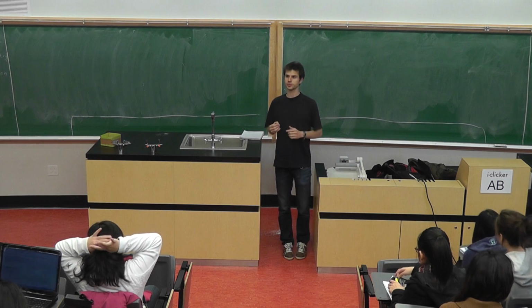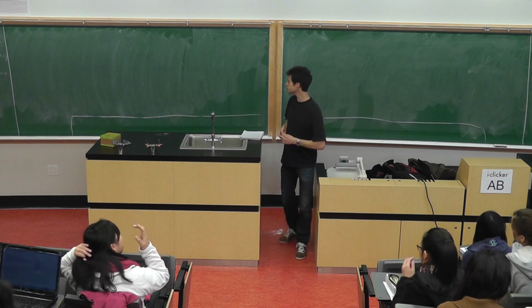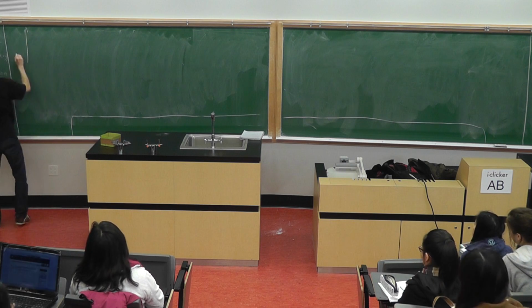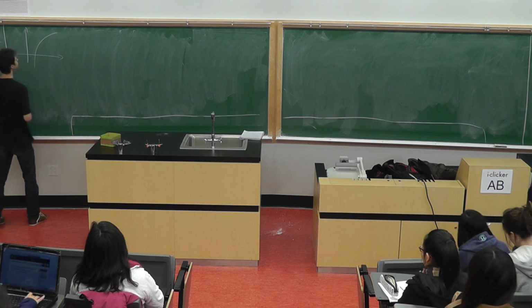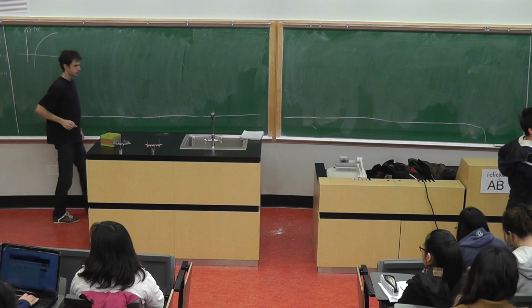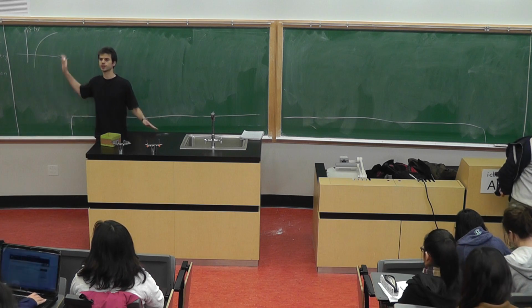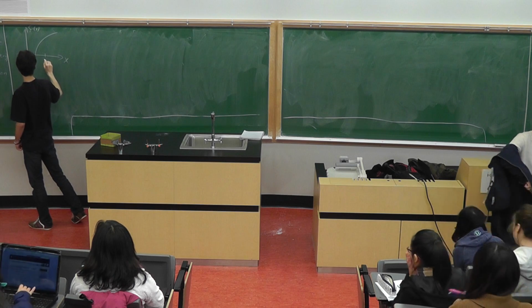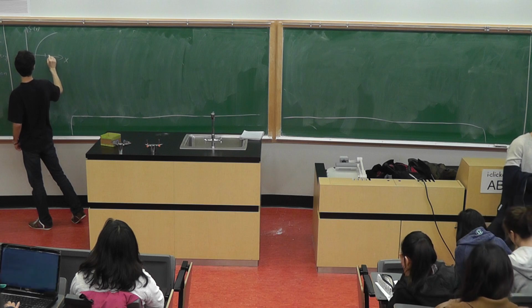Let me remind you what we did last time about linear approximation, what it is. So the situation was as follows. We had a function, some function, and we wanted to evaluate this function at some point x.